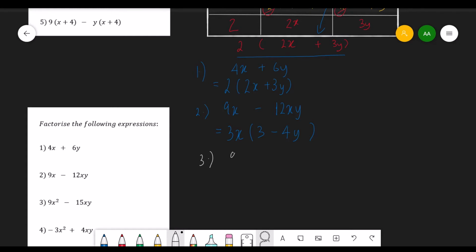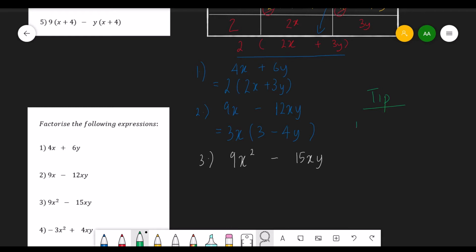Number 3 is 9x squared minus 15xy. This is a side tip for you. You might want to pay attention to this. Every time I do my factorization, I will go in this procedure.